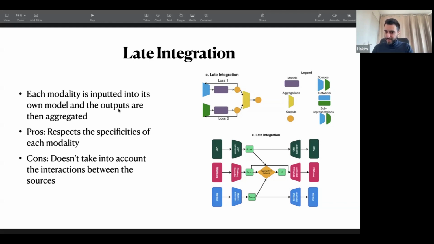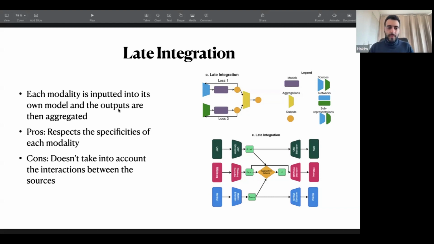The benefit of this method is that it respects the specificities of each modality. Because each modality is trained alone, we can optimize the network for each one of those modalities, making the unimodal representation for each one of them optimal.